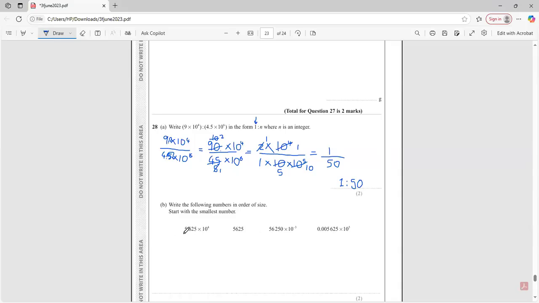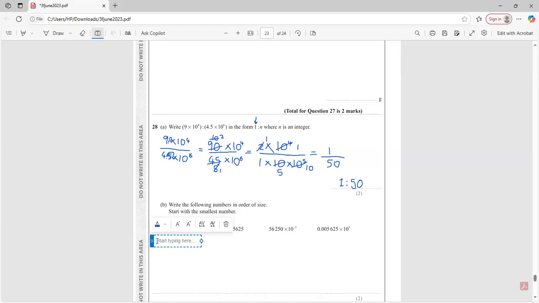So let's start with the first one, 5.625 times 10 raised to power 4. I think I should use a text box for that to make me faster. So here we go. This is what I don't like about the text box.